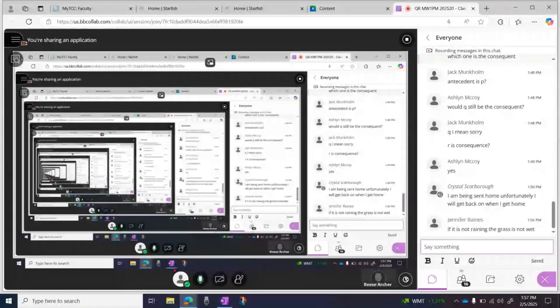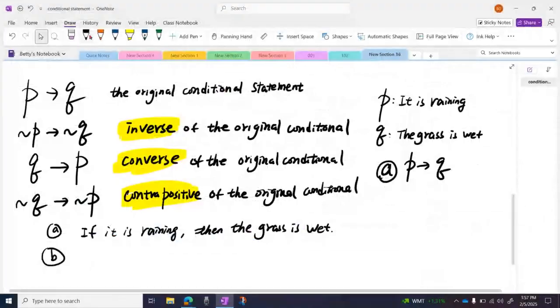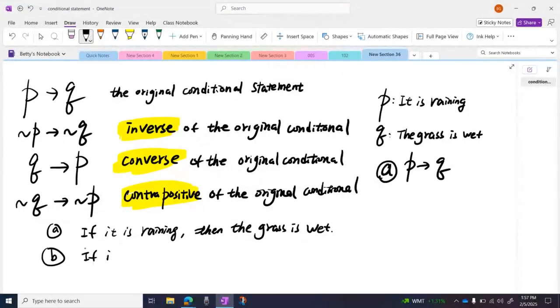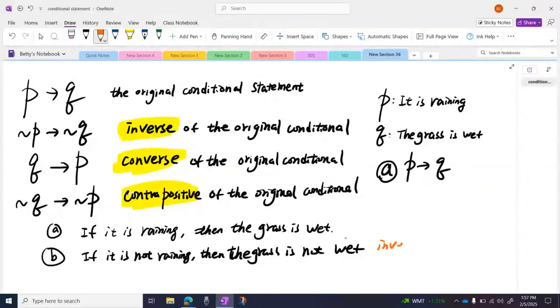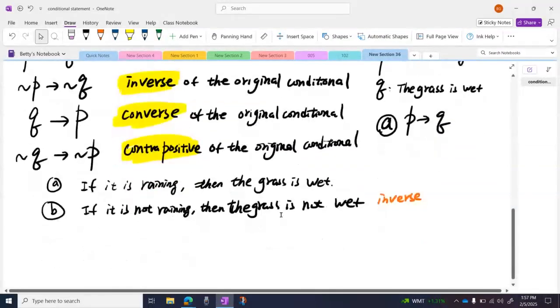Awesome. Thank you, Jennifer. That's correct. Let me write it down. If it is not raining, then the grass is not wet. This is the inverse of part A, right? Very good.